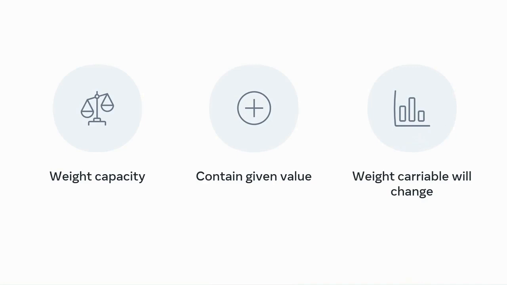To compute a solution for this problem, you must select all items that add up to a given weight and contain a given value. The weight carryable will change. This problem can be applied to resource allocation, where you have so much CPU power and X tasks to run, just like the capacity of a CPU dedicated to completing tasks.